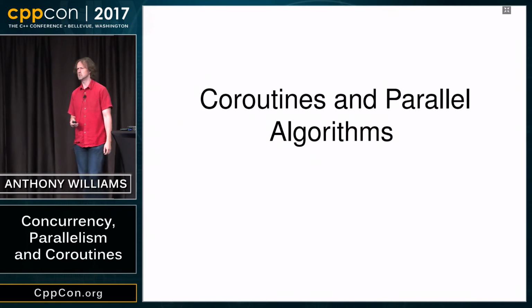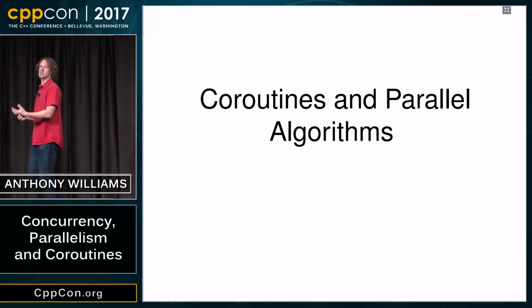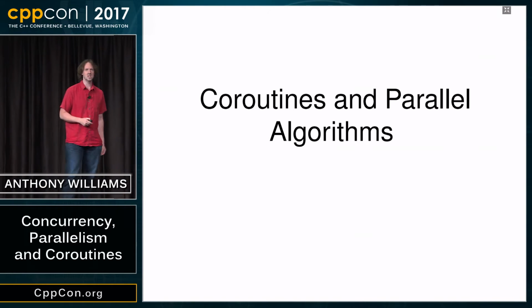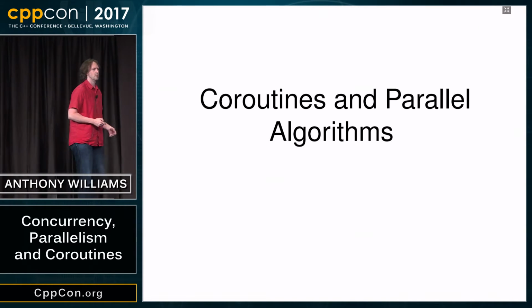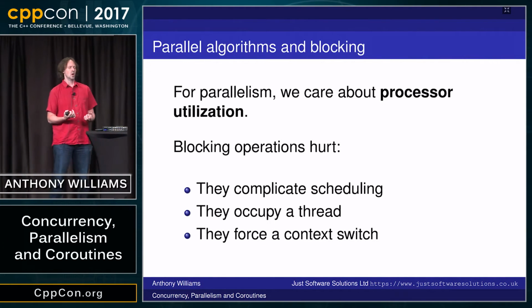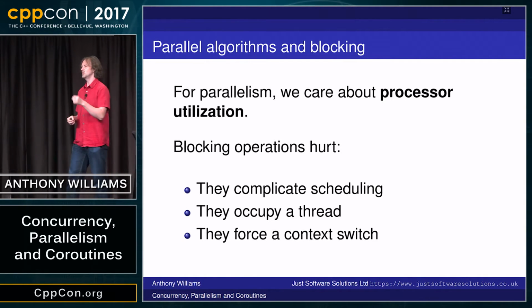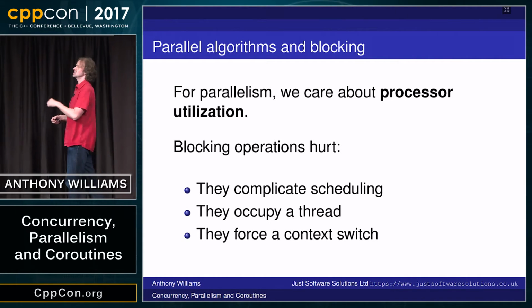What about coroutines and parallel algorithms? I mentioned parallel as coroutine as a possible execution policy, but what else is there? If we're writing parallel algorithms, then one thing we care about specifically is processor utilization.